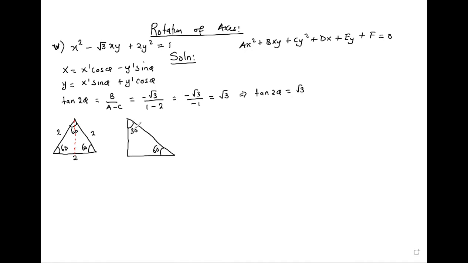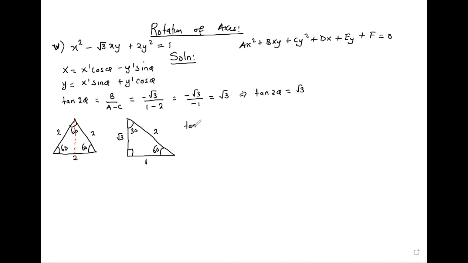What was 2 has now become 1. The other side is 2. To get the other side, we do 2 squared minus 1, which is 3, so it becomes the root of 3. Then we are talking of tan, which will give us root 3.